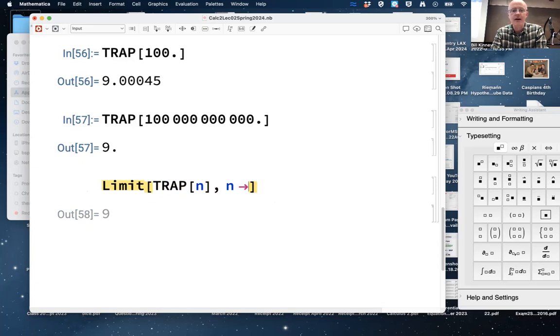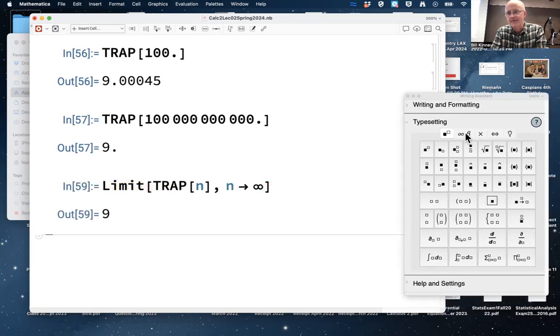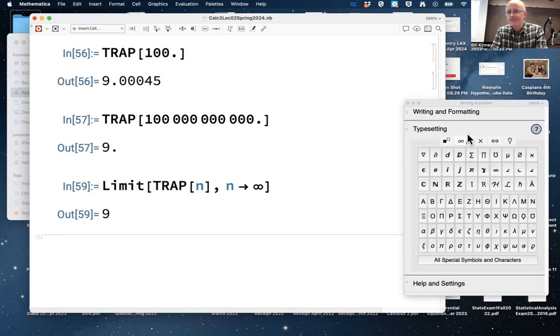It morphed into an arrow. I made the infinity by doing escape INF, escape. Also on the palette, there is an infinity button. Where is it? There it is right there. There's an infinity button you can use too.